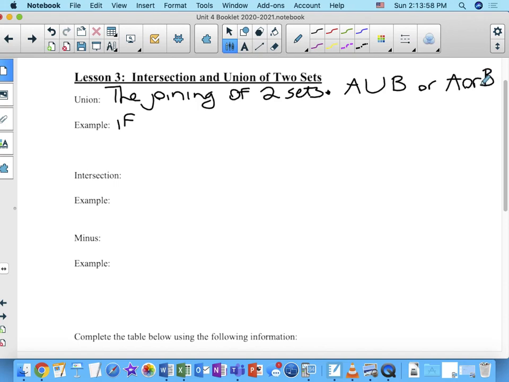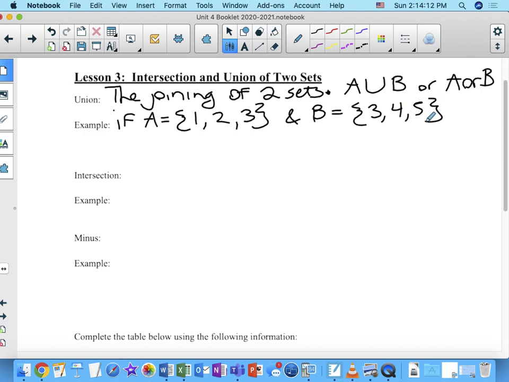And so an example is, let's say A equals the elements 1, 2, 3, and B is the elements 3, 4, 5, okay? Then A union B would be, we're going to merge these together.